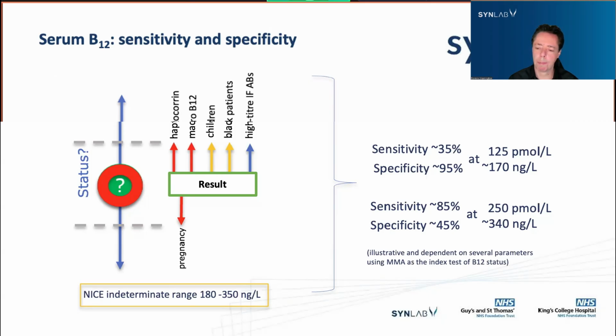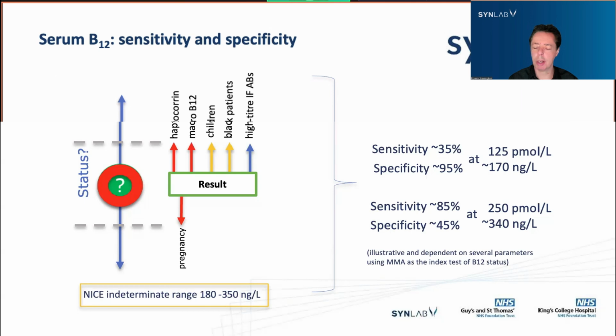So what we can do in this situation, you will know, is that we could increase the cutoff. So let's say we go for a high cutoff of 340 nanograms per litre. In that scenario, your sensitivity jumps to 85%, which means you're detecting the majority of people who are B12 deficient.